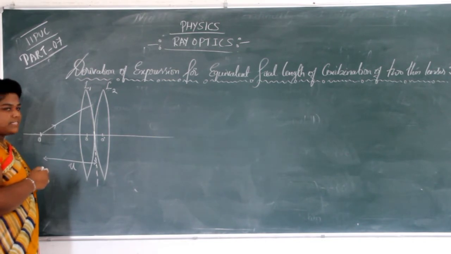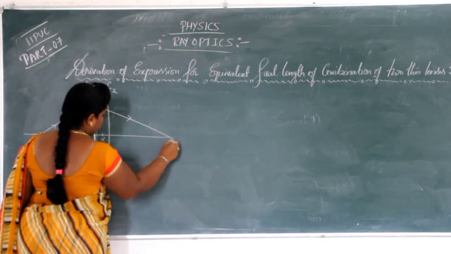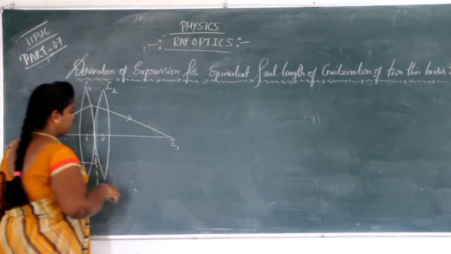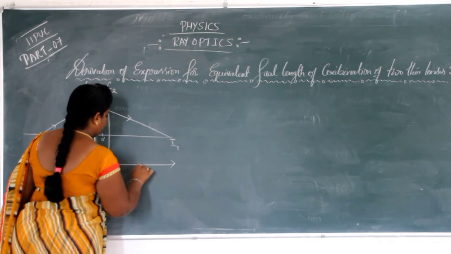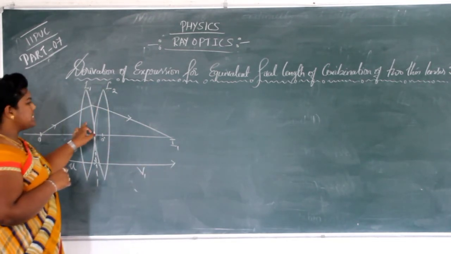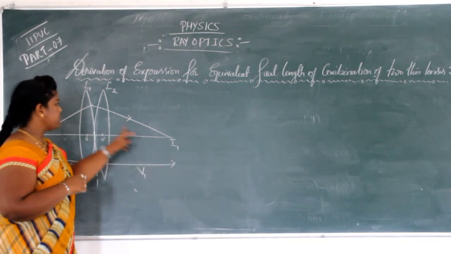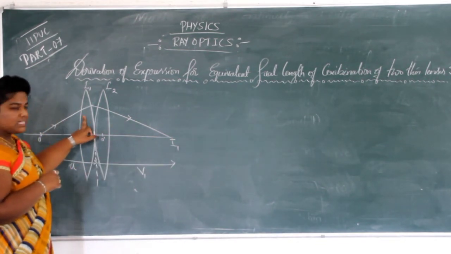In the absence of the second lens, the first lens is going to form an image at I1 with a distance of V1. See, O is an object for lens L1 and I1 is an image for lens L1. U is the object distance for lens L1.